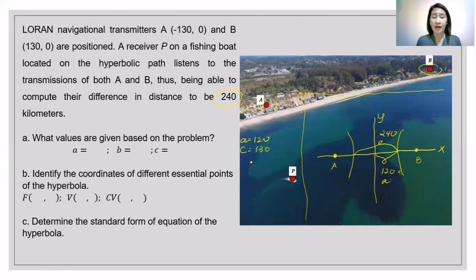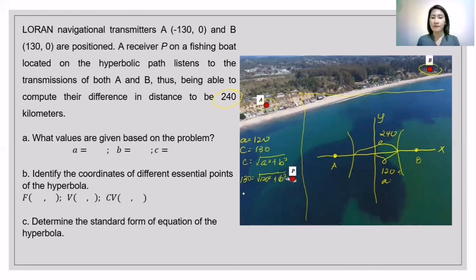We may now identify the value of b by applying the formula c equals the square root of a squared plus b squared. But this time, we're not looking for c since c is already identified. So we substitute c, which is 130, then we substitute a, which is 120, squared, plus b squared, which is the unknown.